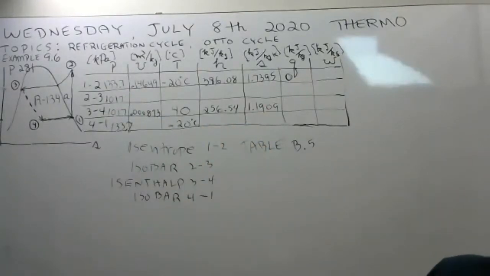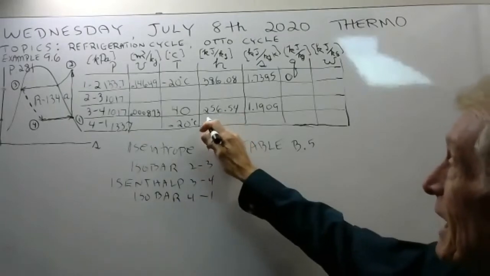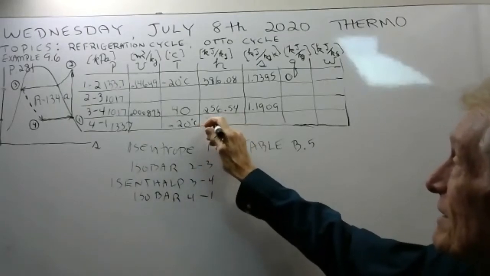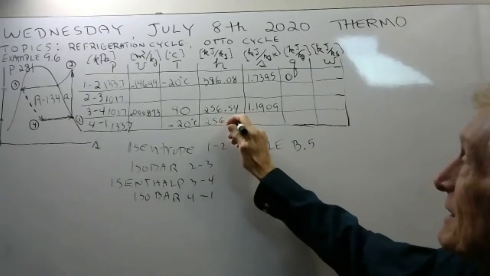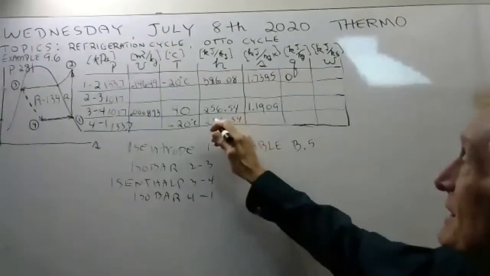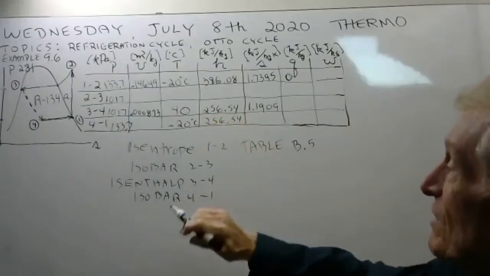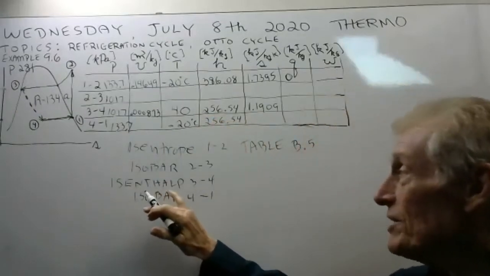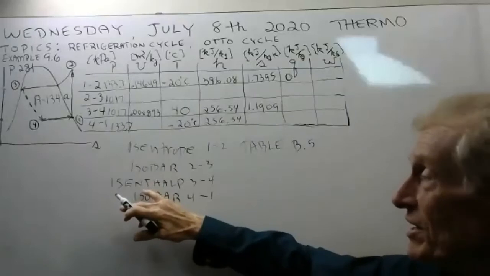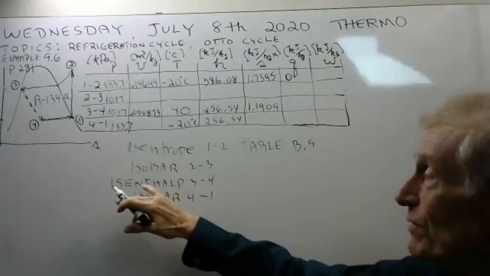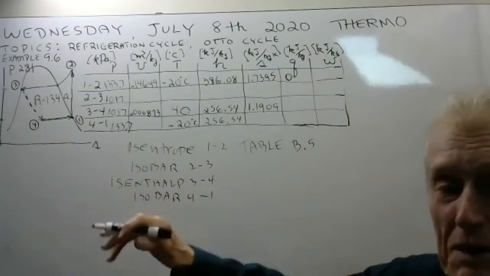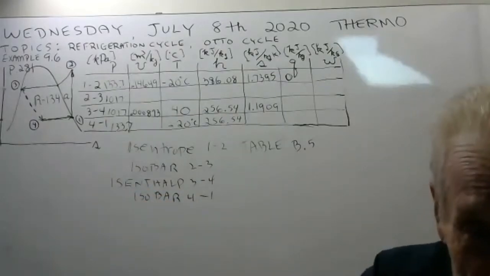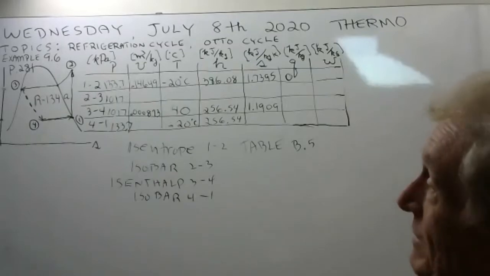Parker, you are a smart student. How did you know that? Because 3 to 4 is an isenthalp. 3 to 4 is not an isentrope. Say it right, Parker. 3 to 4 is what? Isenthalp. There you go. But he knew. He said the wrong word, but he knew, didn't he?